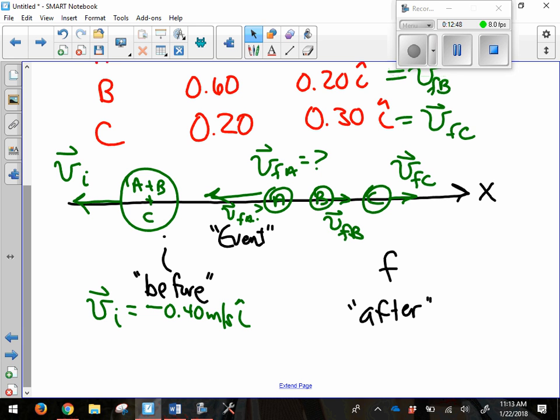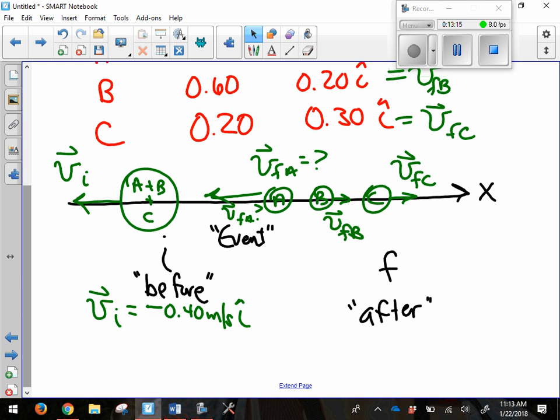Again, when you're drawing these diagrams, it's really important that you clearly label, for your sake and the sake of the grader, what is before or initial and what is after or final. Just as when you were doing conservation of energy problems, it was important to label which two locations you were comparing the total energy for.